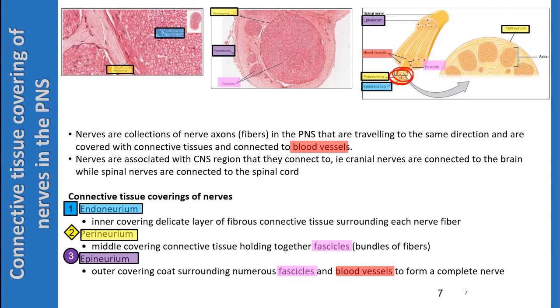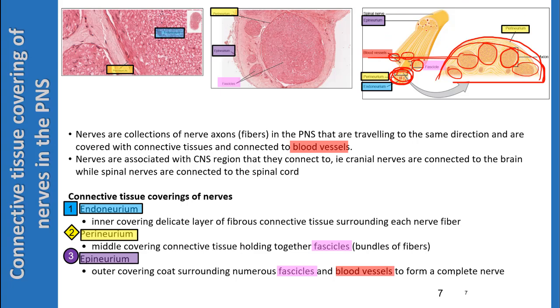So you've got a perineurium covering that, and another one covering that. Each of these is covered by a perineurium, right? So this is an axon, so you've got endoneurium over here, and lots of different axons forming a fascicle, and then a perineurium covering the entire single fascicle.